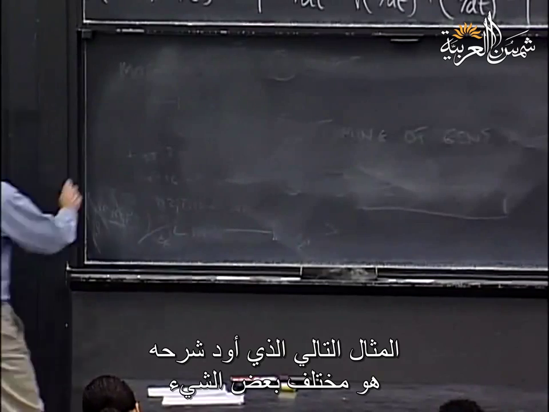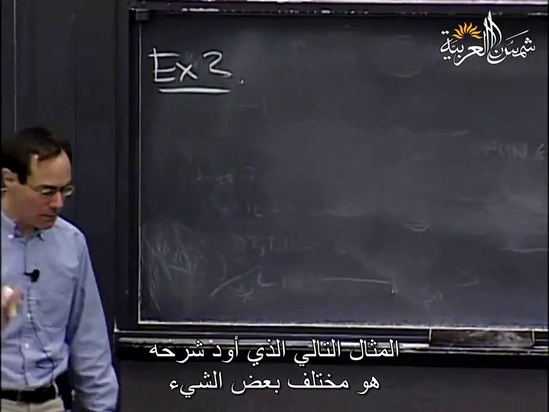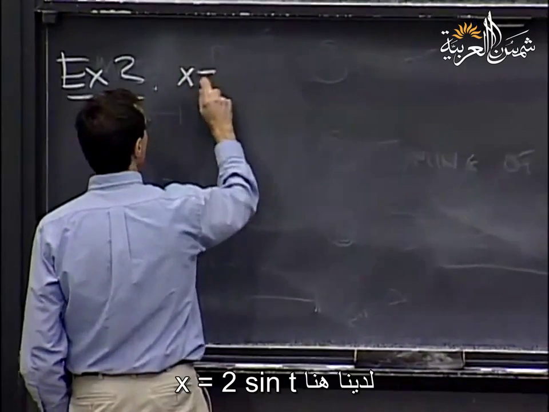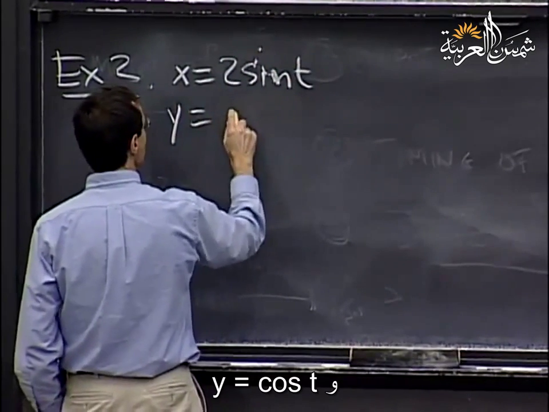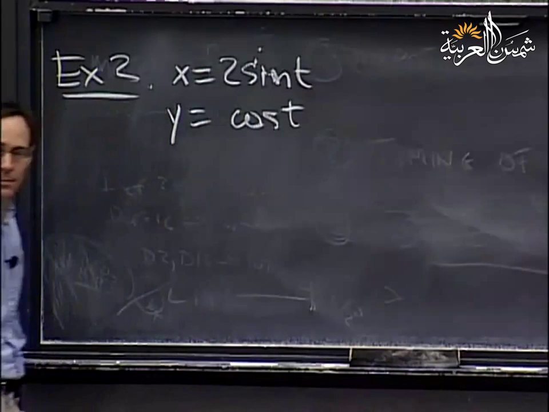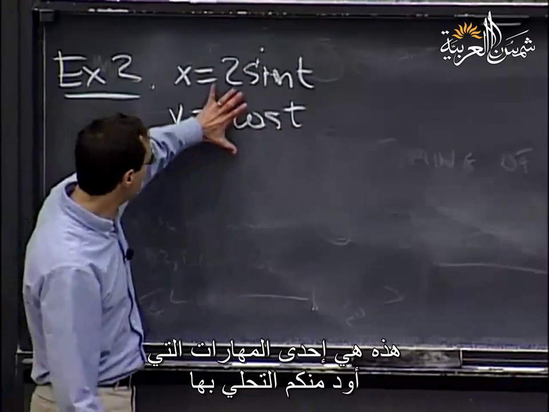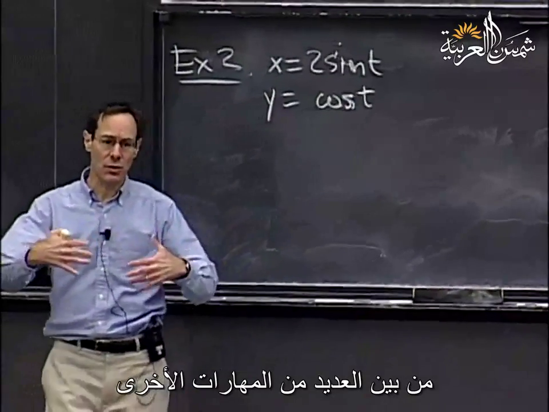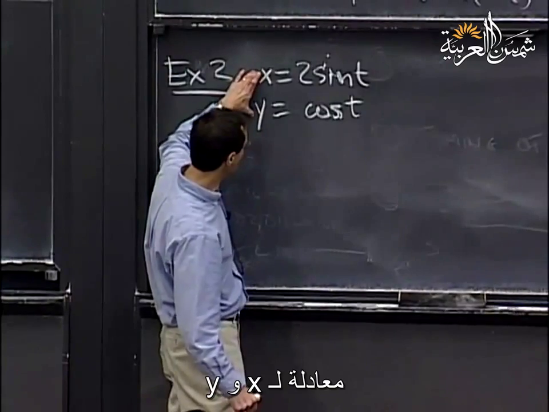All right, now the next example that I want to give you is just slightly different. It'll be a non-constant speed parameterization. Here, x is 2 sine t, and y is, say, cosine t. And let's keep track of what this one does. Now, this is a skill which I'm going to ask you about quite a bit. You'll have to connect this with some kind of rectangular equation, an equation for x and y.